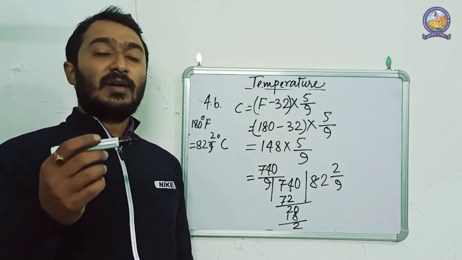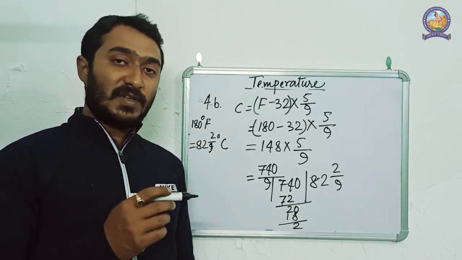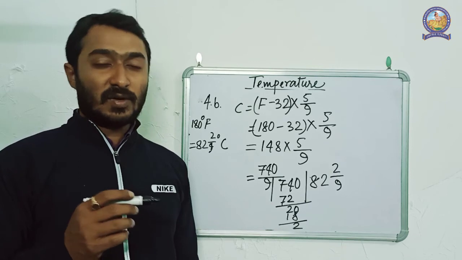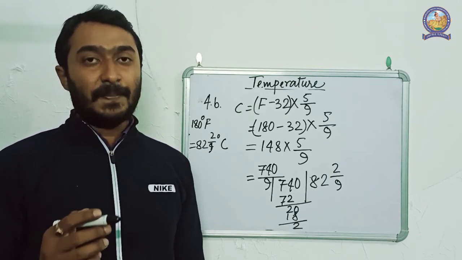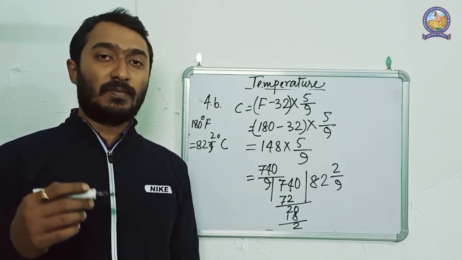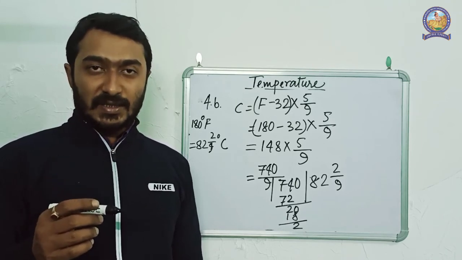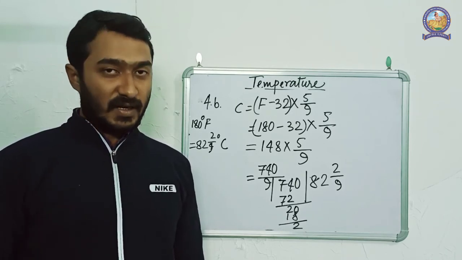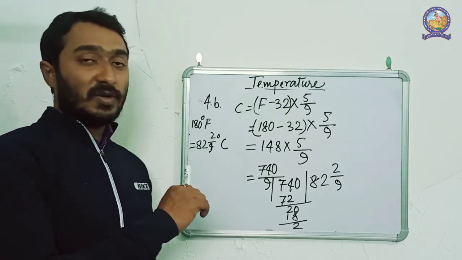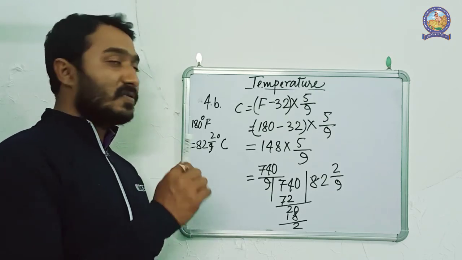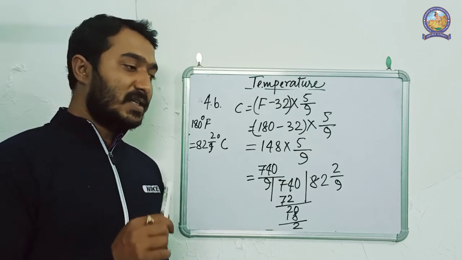We learned the lower fixed point, that is 0 degrees Celsius or 32 degrees Fahrenheit, and the upper fixed point, the boiling point of pure water, which is 100 degrees Celsius or 212 degrees Fahrenheit. We also learned how to convert Celsius into Fahrenheit and Fahrenheit into Celsius.